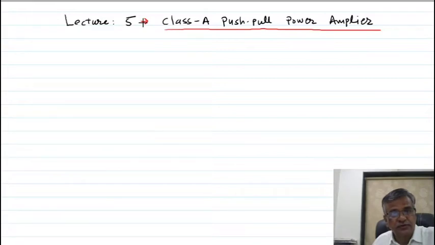In lecture 4, we saw the designing theory of a transformer coupled amplifier and its disadvantages. Today we will see how the disadvantages of a transformer coupled amplifier can be overcome in a class A push-pull power amplifier. So let us see the 3 disadvantages in continuation of this lecture.